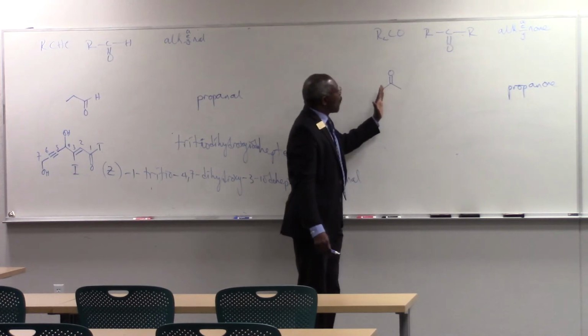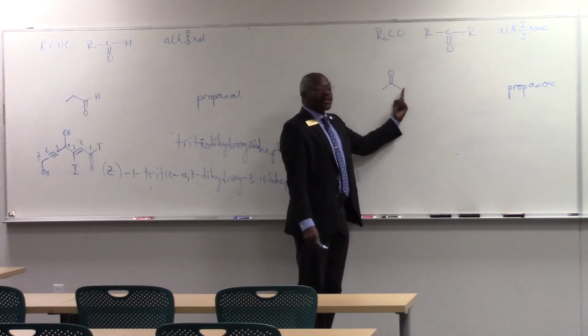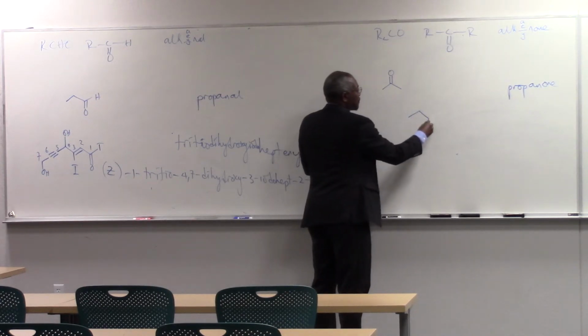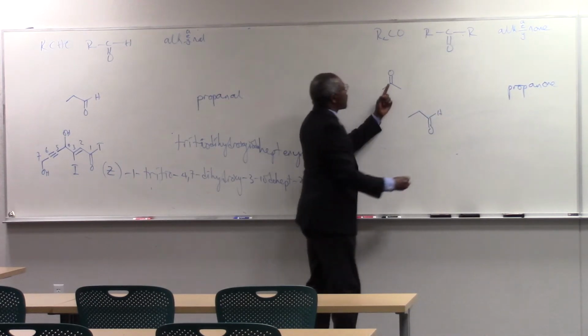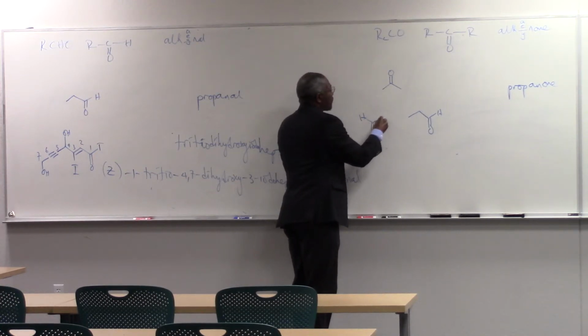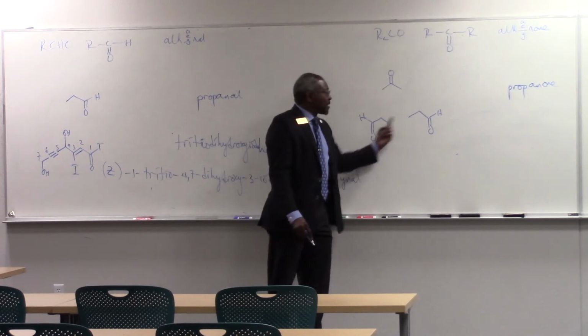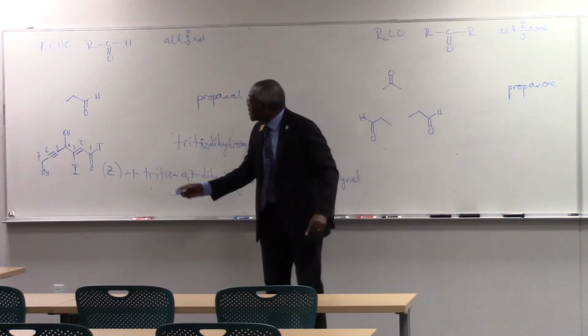So the alternative is I move the carbonyl to either that carbon or to this carbon. But if I do, it's no longer a ketone. In fact, these are the same thing. It's an aldehyde. That's propanal.